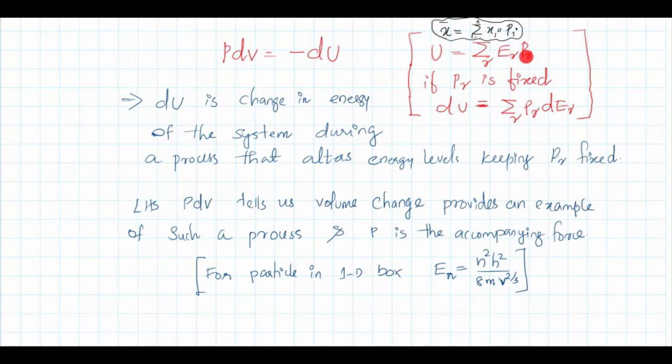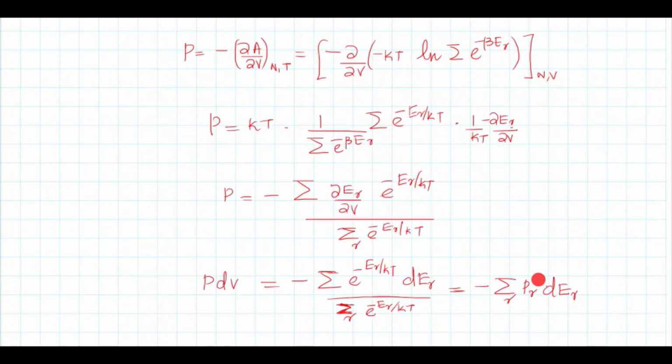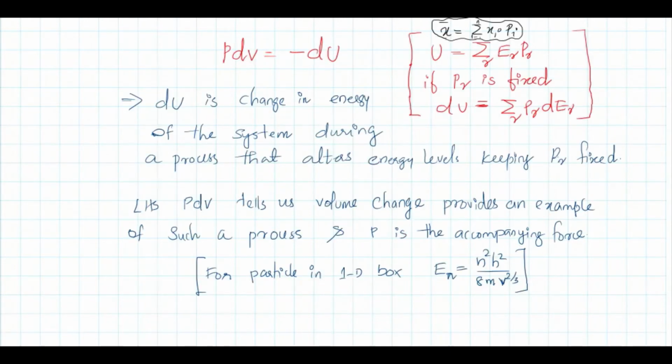Suppose PR is kept fixed, then if you take dU, that will give me sigma R PR DER. Here I write it as minus dU instead of PR DER. This dU is actually the change in energy of the system during a process that alters energy levels keeping PR fixed.